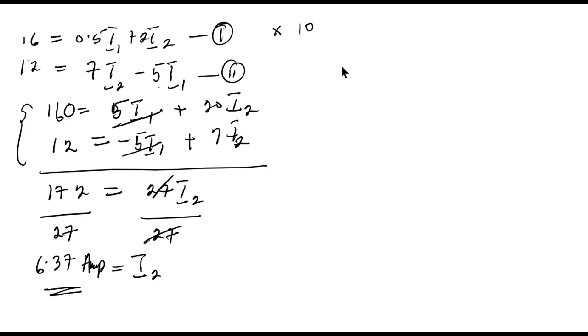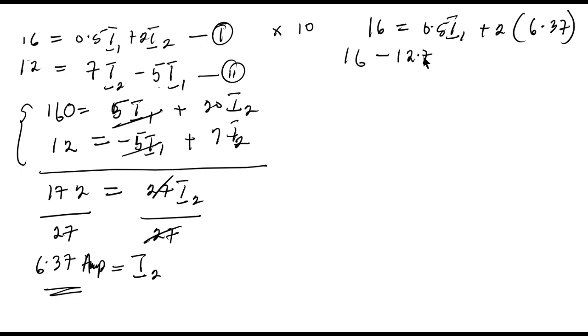Now, conveniently, we should be able to solve for I1. Let's use equation 1. Equation 1 says 16 is equal to 0.5 I1 plus 2 I2. Then I can substitute 6.37 here. So that's 16 minus 2 times 6.37, that is 12.74, is equal to 0.5 I1.